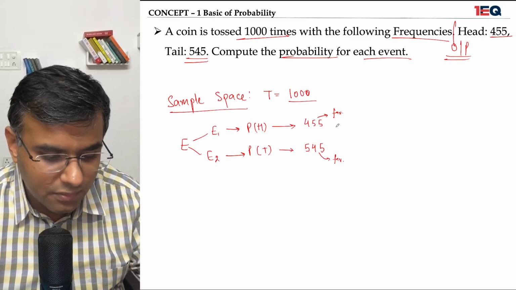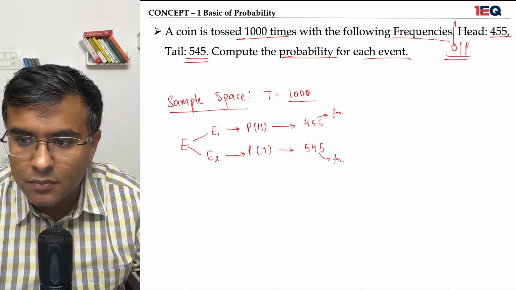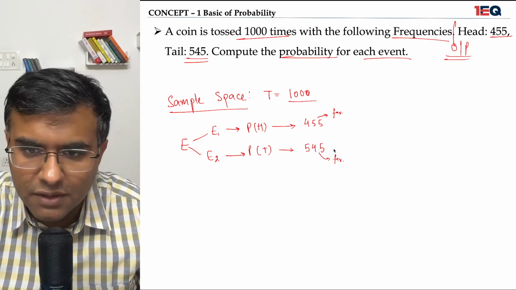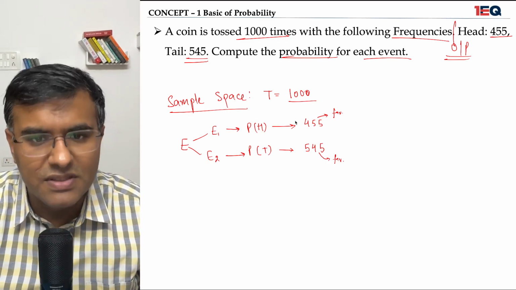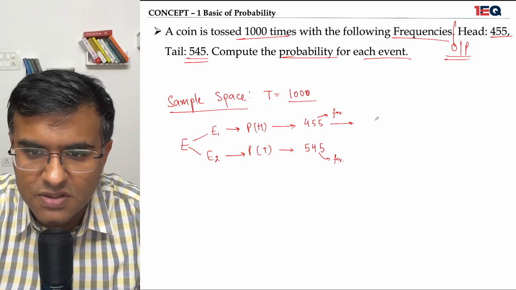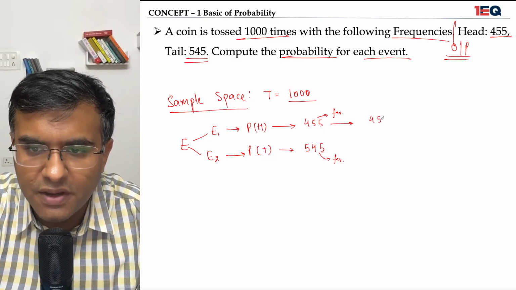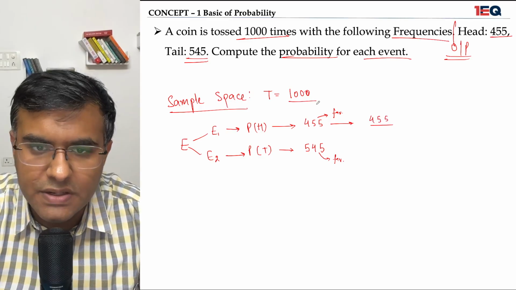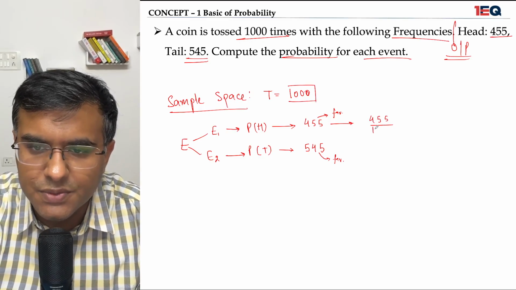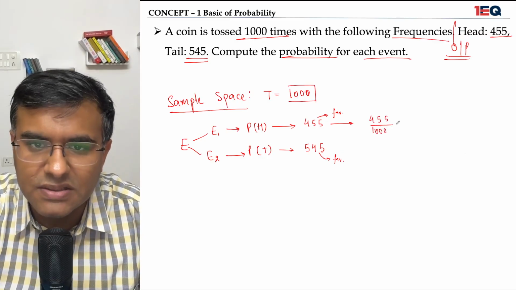Both the events separately are favorable. So 455 is the first favorable event's count, divided by the total events or the total sample space. The sample space which we have is 1000, because 1000 tries were taken.